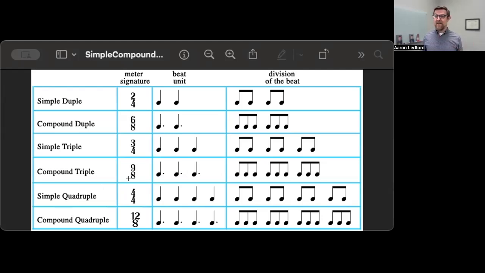That's common time, and we've talked about that already on the other chart. Here are quarter notes, one, two, three, four. Or we could divide that out further and count one and two and three and four and. And last is compound quadruple. There's still four beats, represented by these dotted quarter notes. And if we were to break those down to their subpulses, we'd have one, two, three, four, five, six, seven, eight, nine, ten, eleven, twelve.